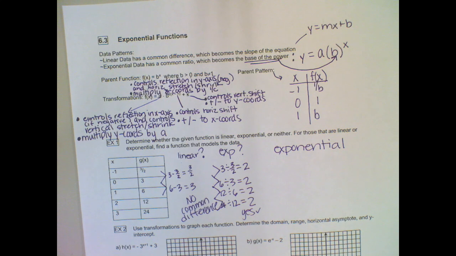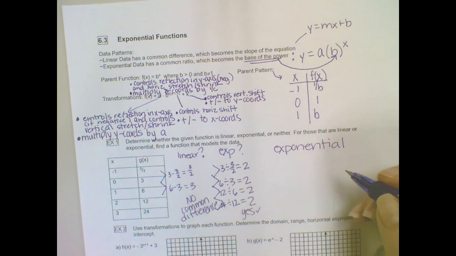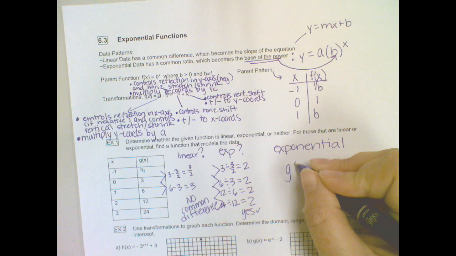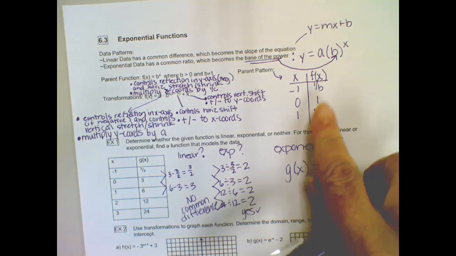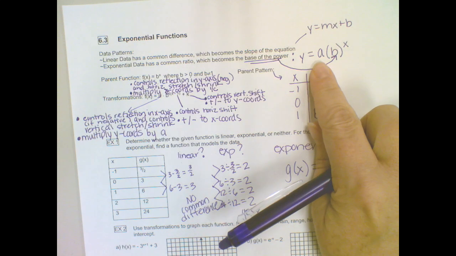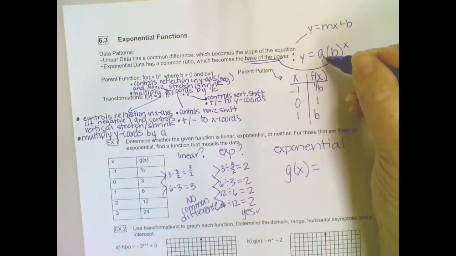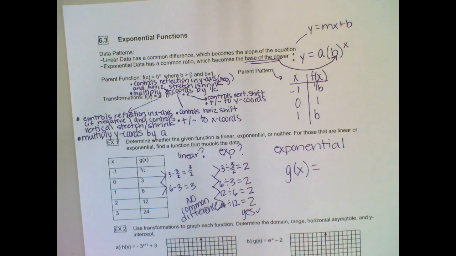So when I am writing an exponential function, I'm naming it g of x because that's what the table says. This a value, when there is no h, k, any of those, that means a is going to end up being the y-intercept, but you can always solve for a.